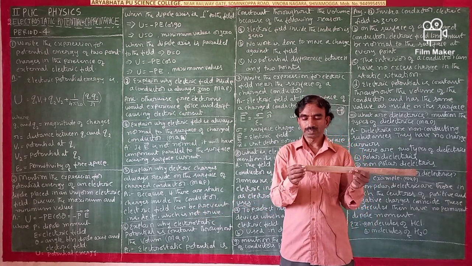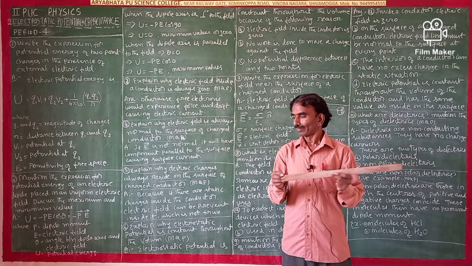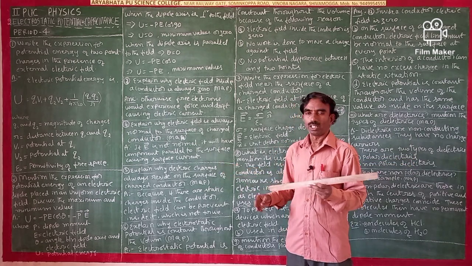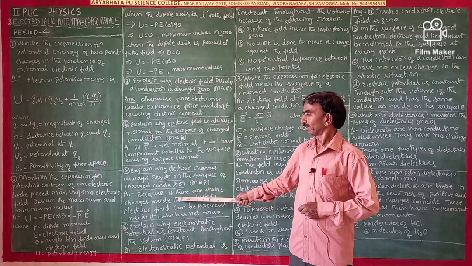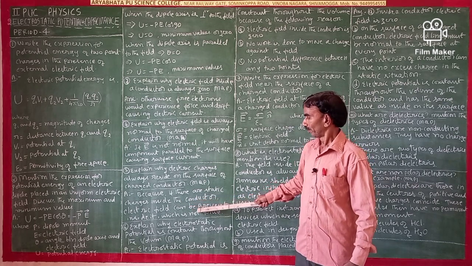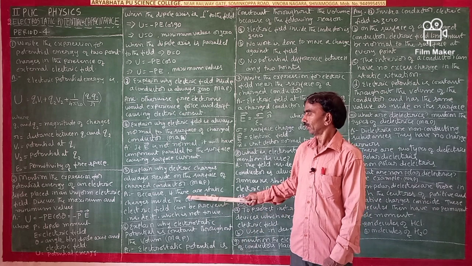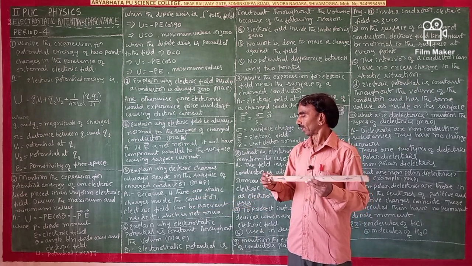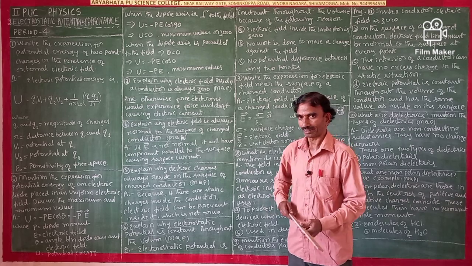That would be in contradiction to our law. So the charges always reside on the surface of the conductor.